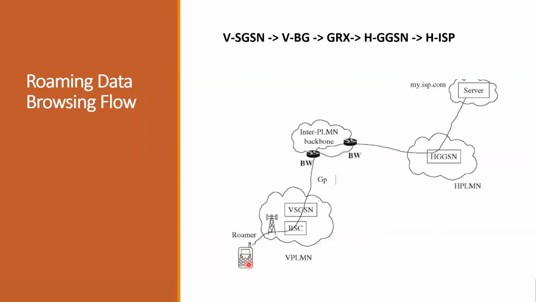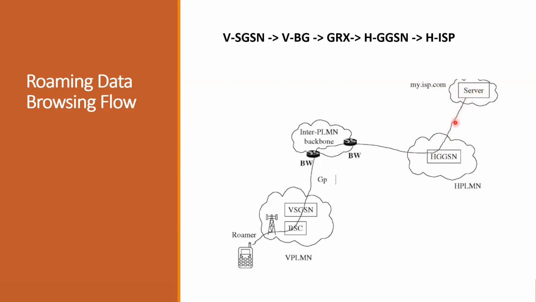A roamer UE is going to send a request via the BSC to the visitor SGSN, or in case of 4G, to the visitor SGW. Via the border gateway, this request goes through the GRX, from the GRX to the border gateway of your home network, from the home border gateway to your GGSN, and then the GGSN sends the request to the specific ISP or web server.